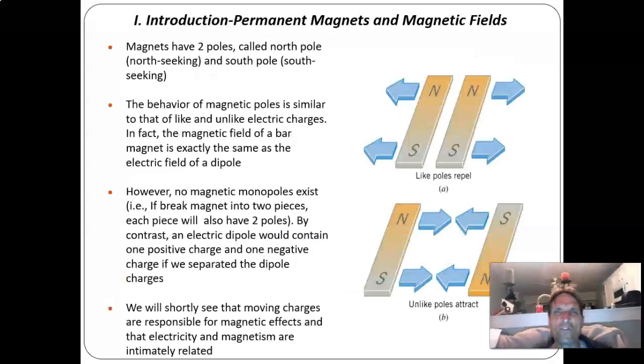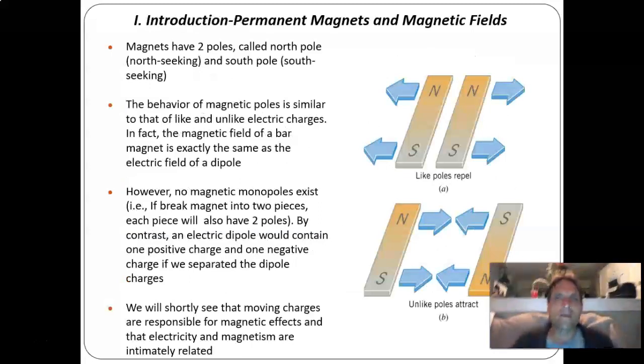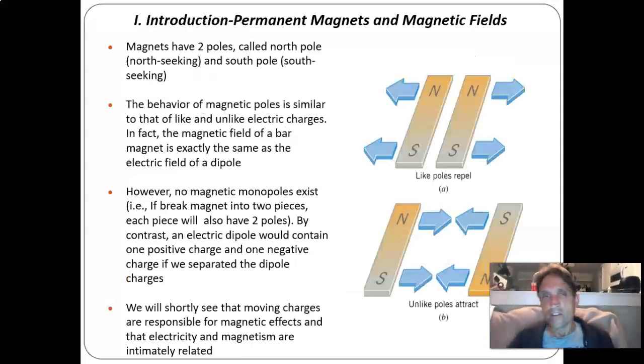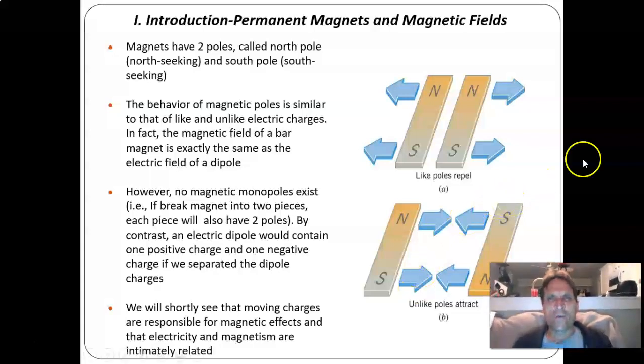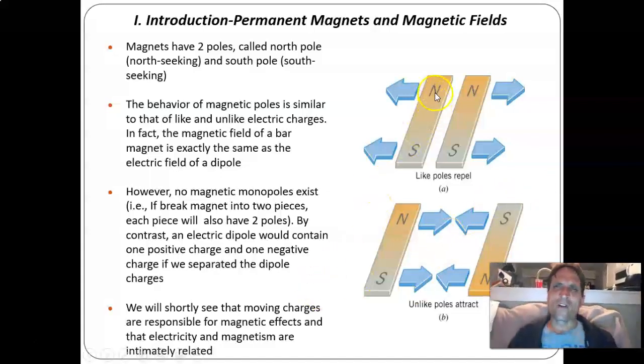So we'll start off with a basic review of magnetism. We won't do any math here at the beginning, just to get a qualitative understanding. So some of this you probably know if you played around with magnets, that a permanent magnet has two poles. It has what's called a north pole, and it has what's called a south pole.